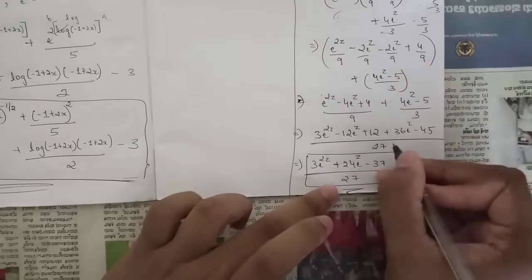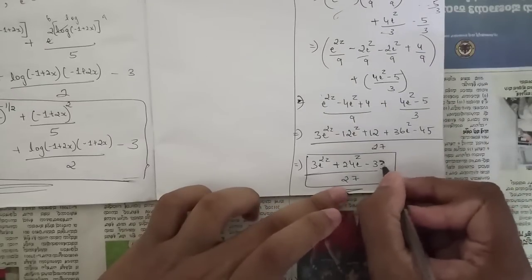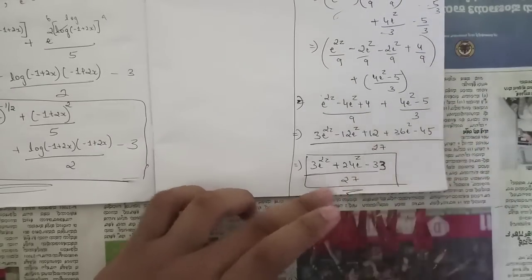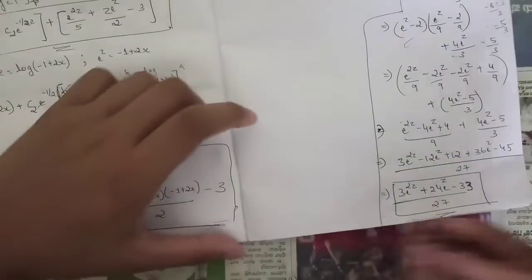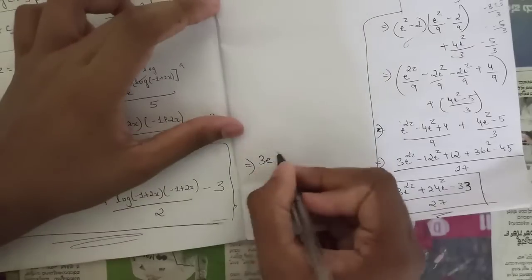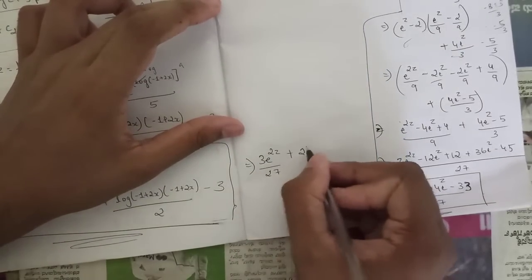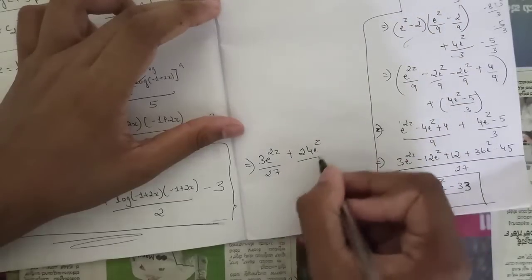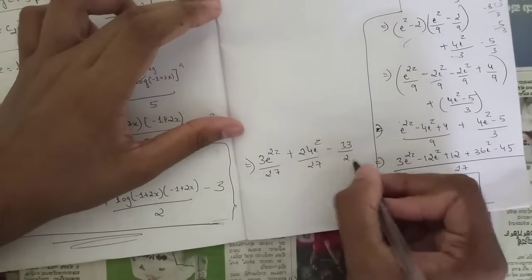Yeah, sorry, 45 minus 12 is 33. So 12 minus 45 is equal to minus 33. So we can even split this now, that is we can write it as 3 e power 2z by 27 plus 24 e power z by 27 minus 33 by 27.